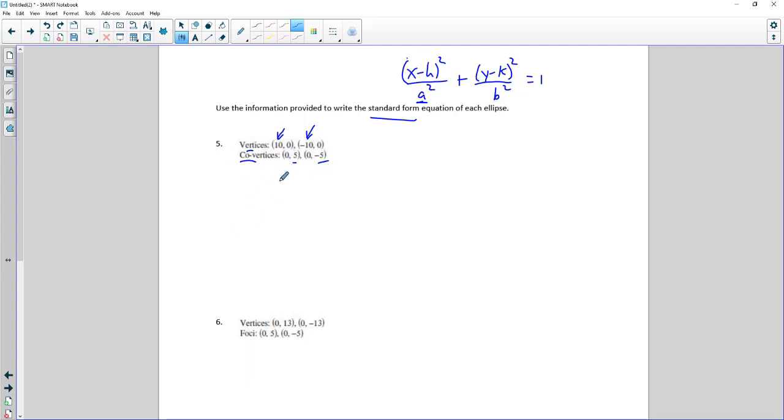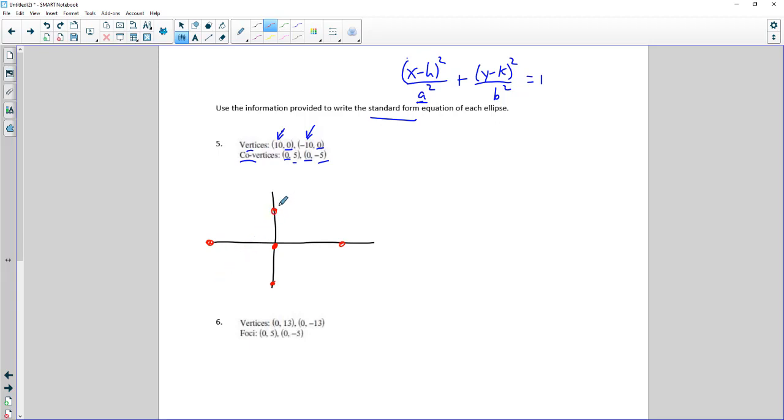So essentially, this is really good, because I can tell that the center here is going to be 0, because this is symmetrical. Notice that the y value here is 0 and the x value here is 0. So if I were to make a quick sketch of this, you have a center here at 0, and we're going to go 10 this way, and 10 this way, and 5 down, and 5 up.